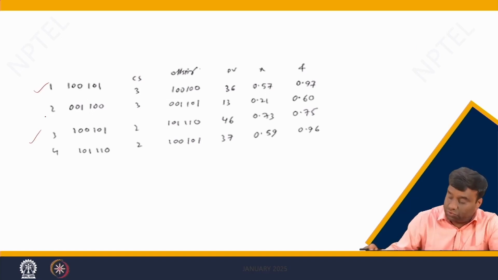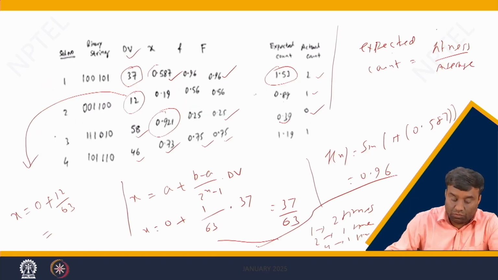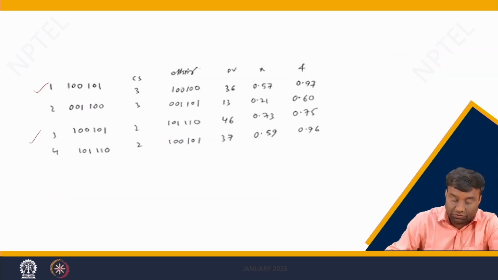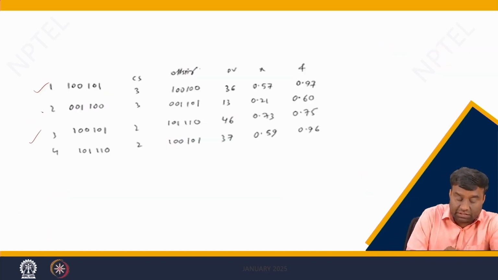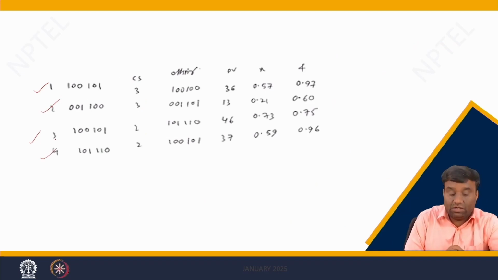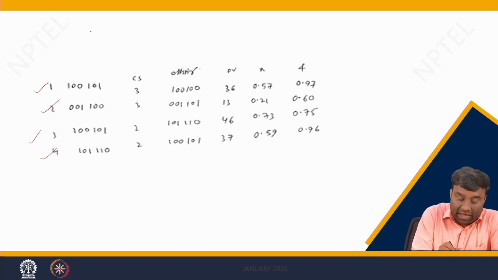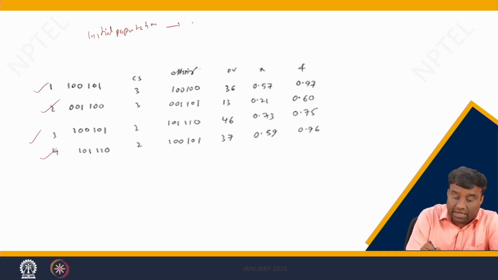We select chromosome 2, which is 001100, and chromosome 4 as well. So we have done the initial population, then we found the fitness, and we select chromosomes as parents.